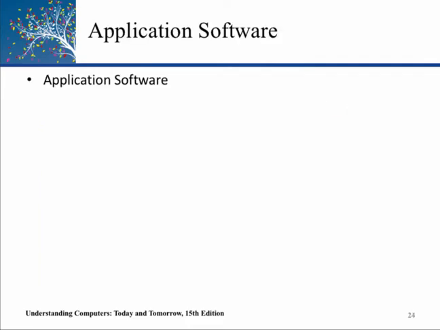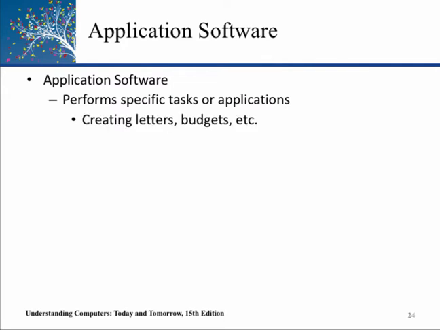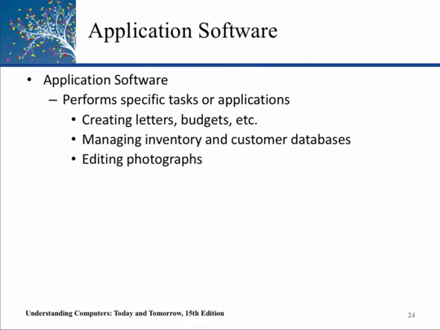And this is the stuff that is specific. It does things that we want it to do at a particular moment in time. So this is word processing, creating letters, writing budgets, managing inventory and databases. So that's spreadsheets, editing photographs. That's our Instagram, scheduling appointments. That's Outlook.